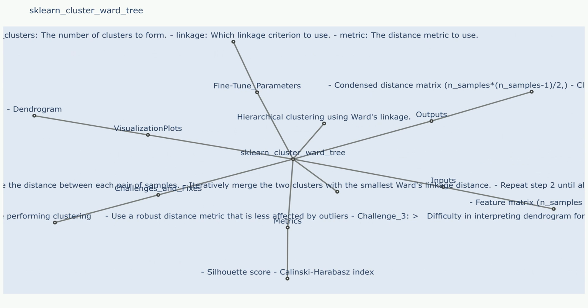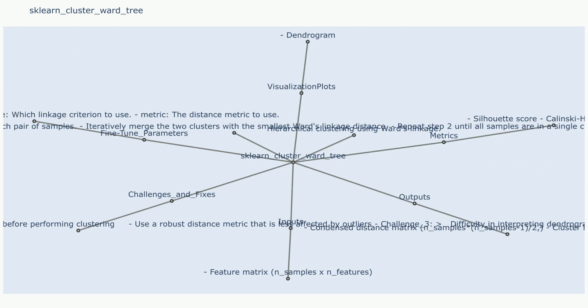Steps. Initial state. The algorithm begins by treating each data point as an individual cluster. Distance calculation. At each step, the algorithm calculates the distance between all pairs of clusters. The distance is typically calculated using a linkage criterion, such as the Ward criterion in this case. Cluster merging.